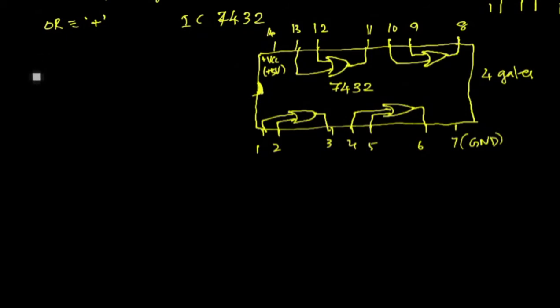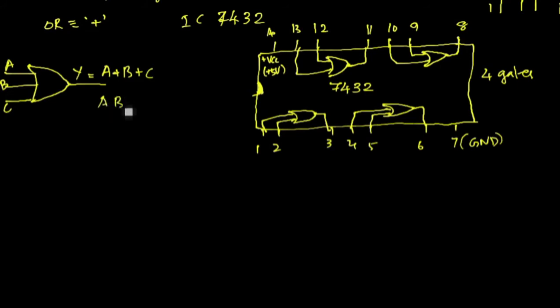That is, if you have a 3 input logical OR gate, then the symbol will be like this, with 1 output, that is Y. Suppose we have 3 inputs, namely A, B and C. Then the output will be Y is equal to A or B or C. This is the Boolean expression.